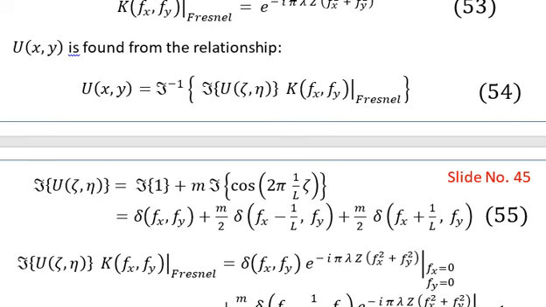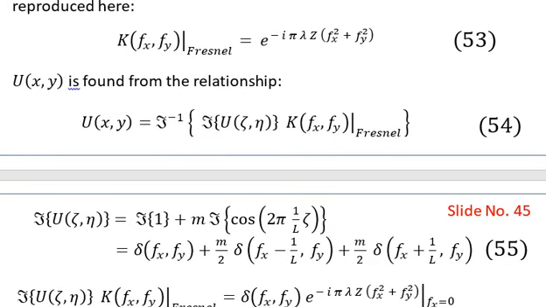So in order to use equation number 54, we have to determine two parameters. One is the Fourier transform of the input field, and the capital K is already known to us as given in equation number 53. Then we have to take the product of these two quantities, and at the end we take the inverse Fourier transform.